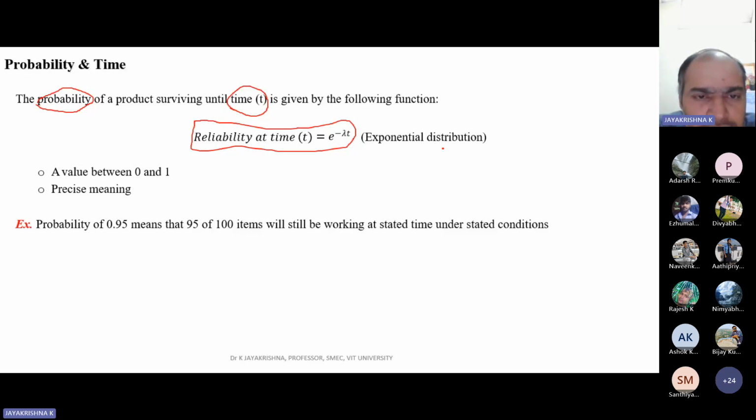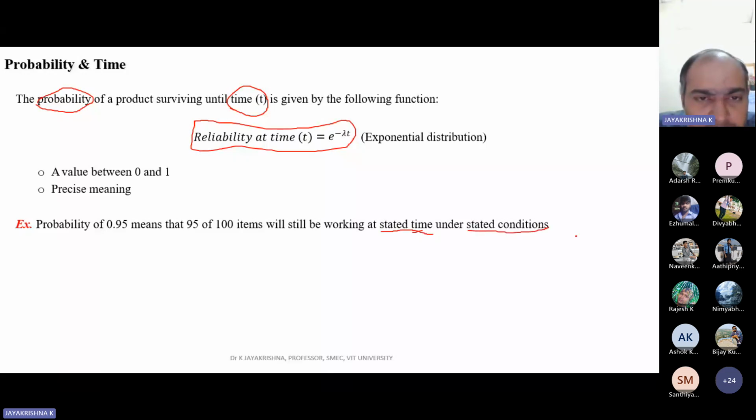If I say the reliability of the product is 0.95, that means what? 95 components out of 100 components, 95% of the components, are surviving under the stated time and stated conditions.